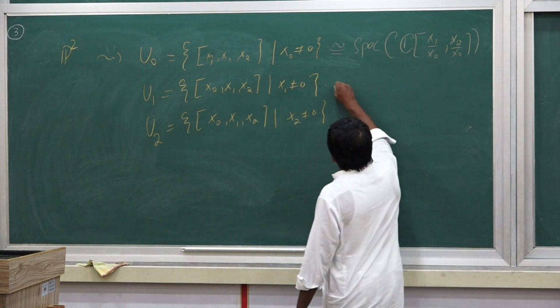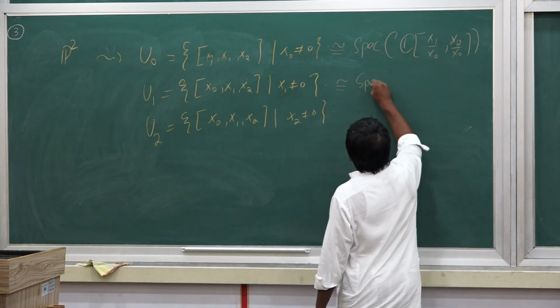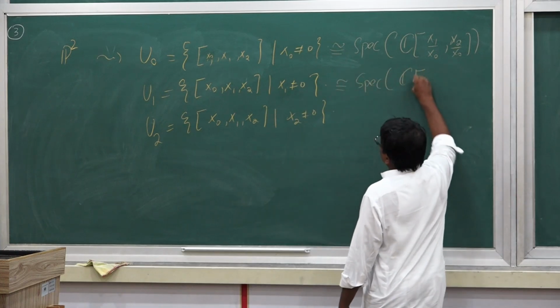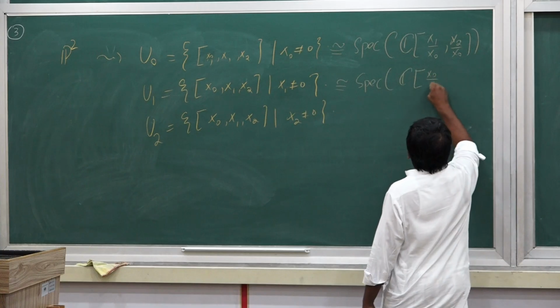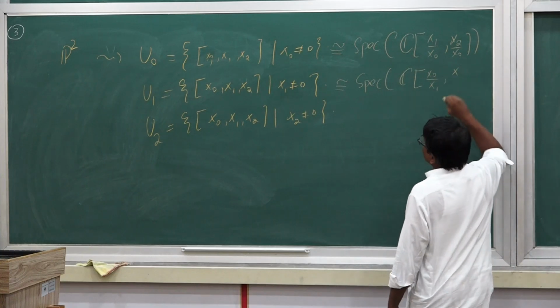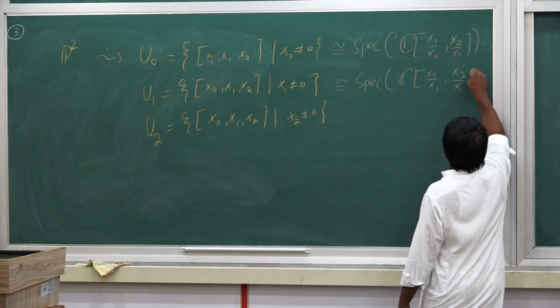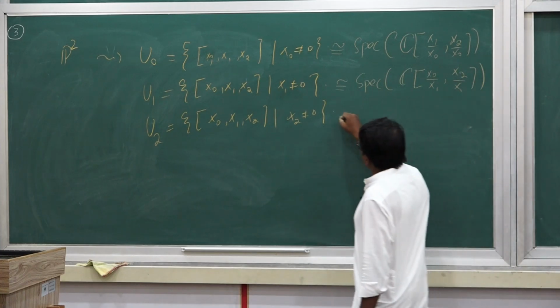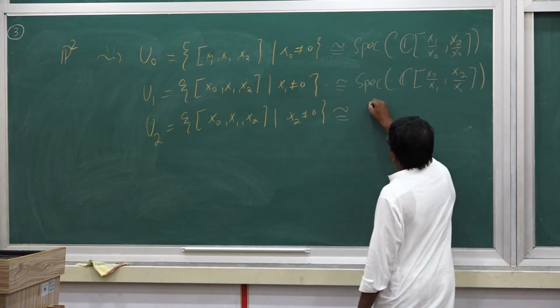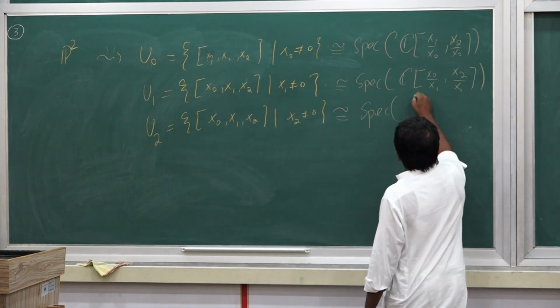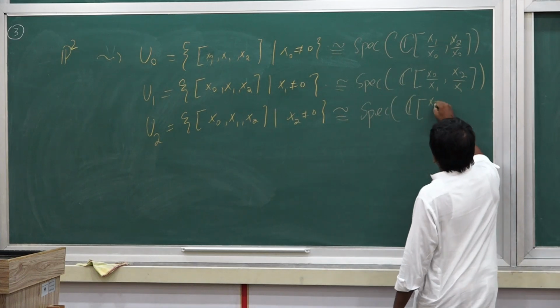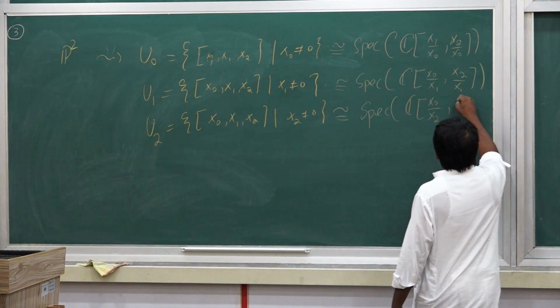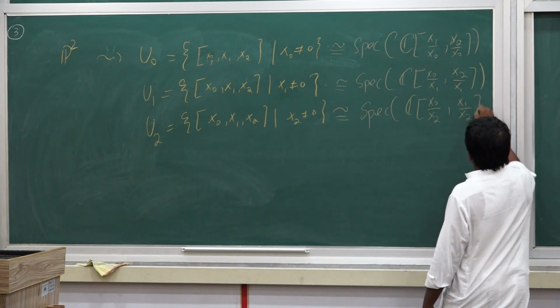This can be realized as spec of C of x naught over x1 and x2 over x1. And this can be realized as spec of C of x naught over x2, x1 over x2.